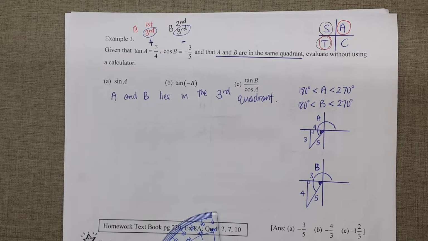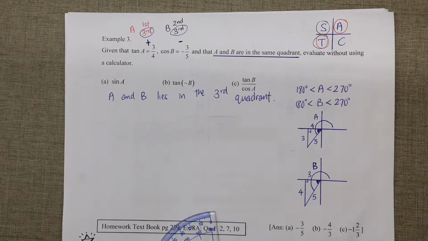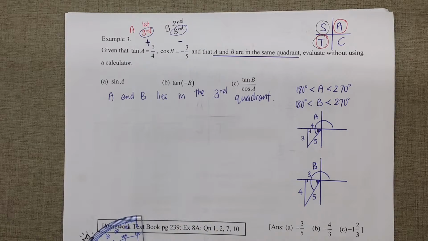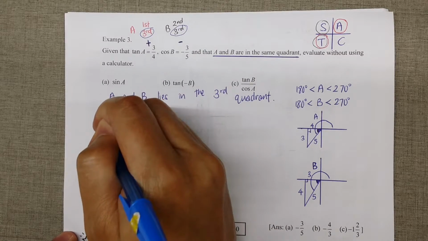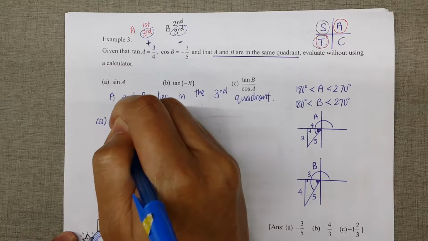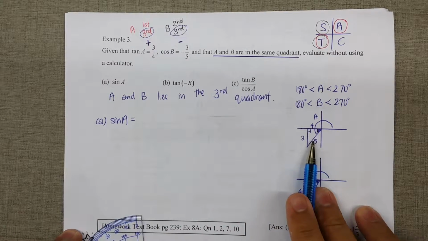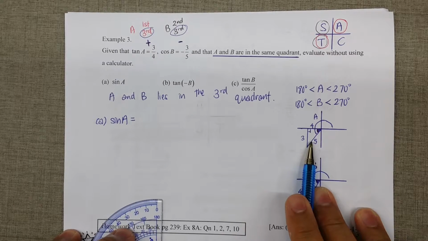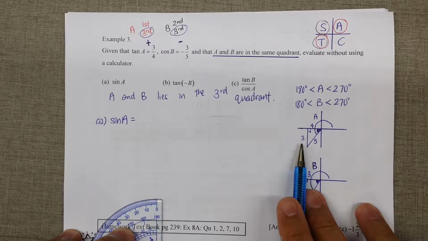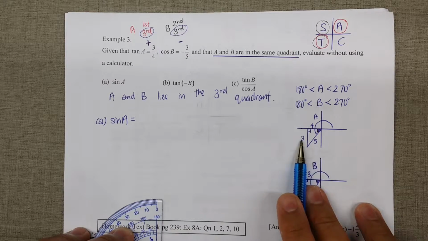Alright, if you cannot figure it out, you pause the video and try to figure it out first before I proceed. If not, just follow me. Question A, sine A. Straightforward. Look at the diagram over here. Sine A is opposite over hypotenuse, 3/5.